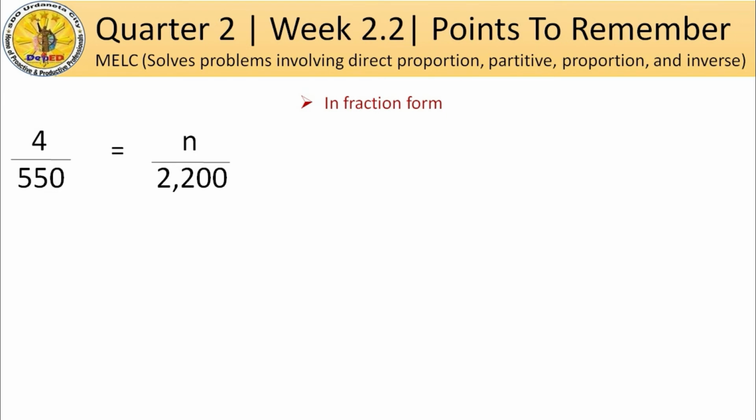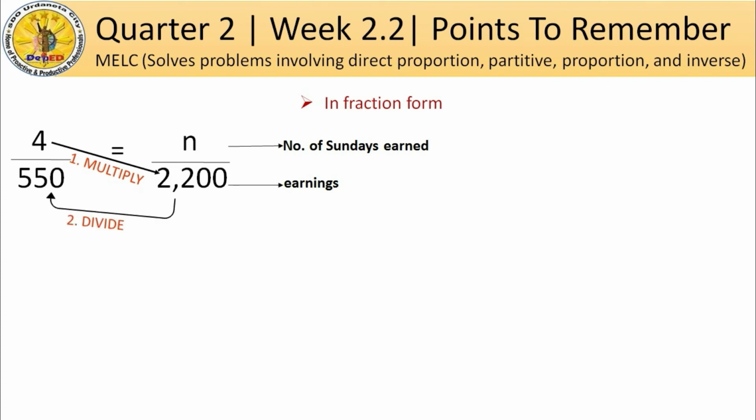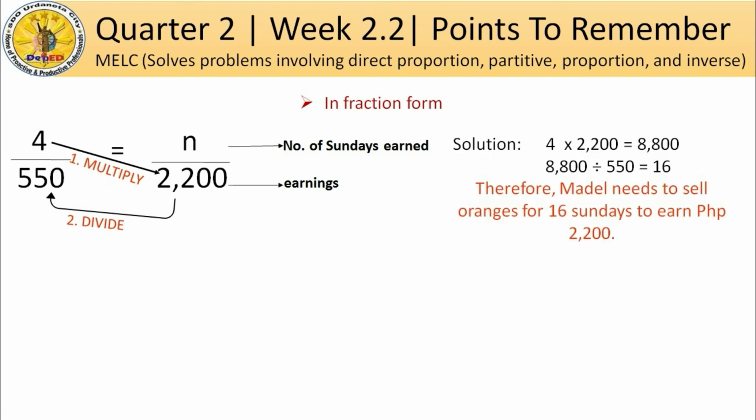The numerator is missing, represented by the letter N that denotes the number of Sundays, and the denominator is 2,200 as the earnings. For the solution, we multiply 4 by 2,200, after which the product should be divided by 550. Therefore, the answer is 16.